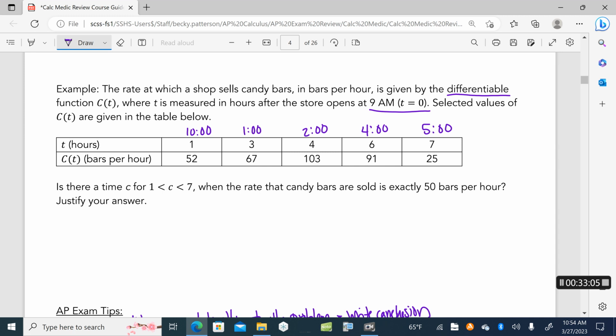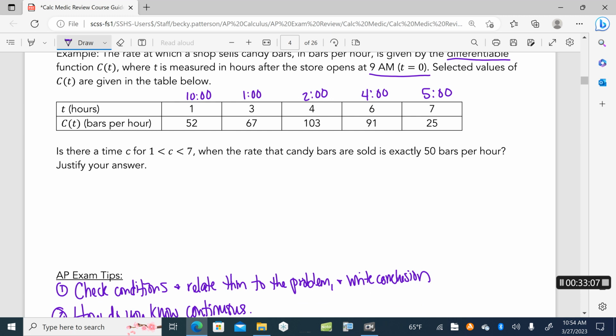So the first thing I'm going to do is state my conditions. So I have to be continuous. So I'm going to say since C of t is differentiable, then C of t is continuous.